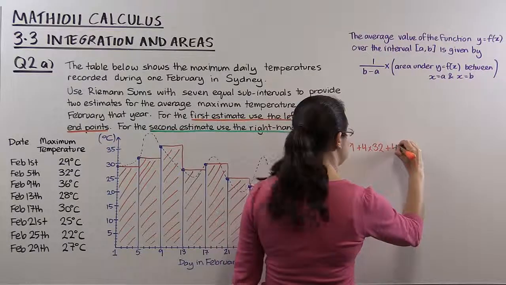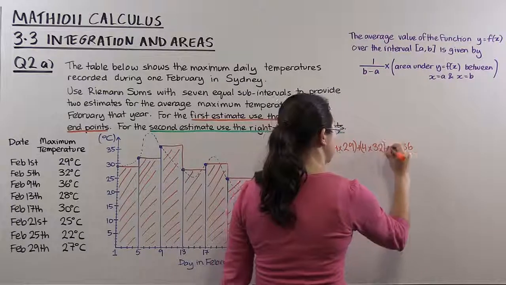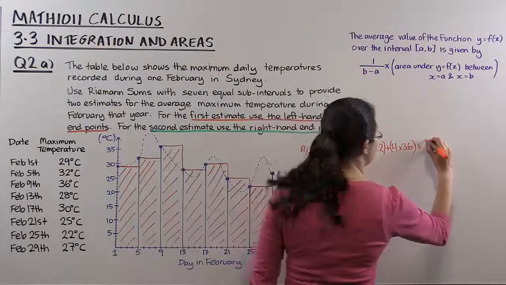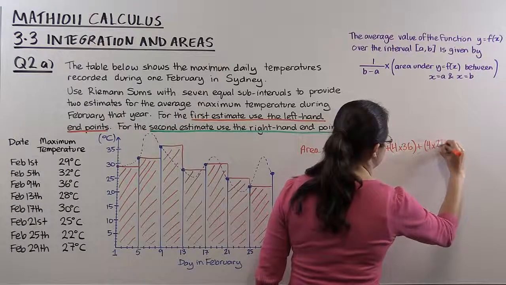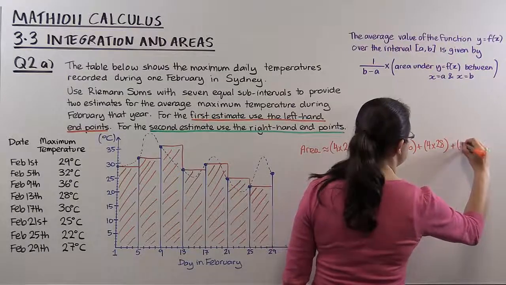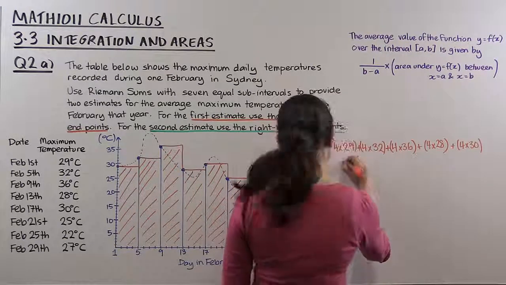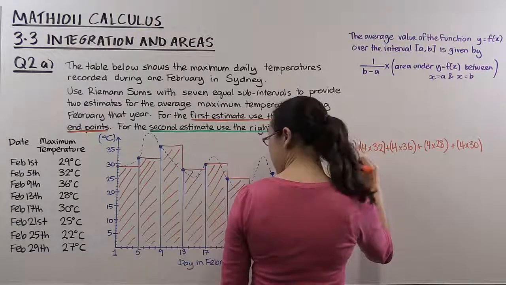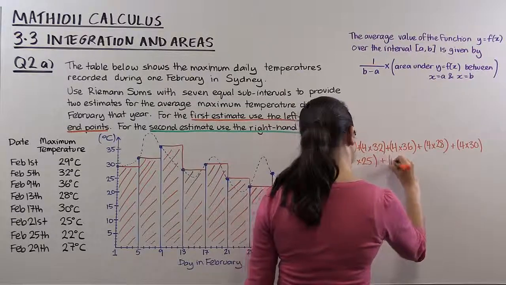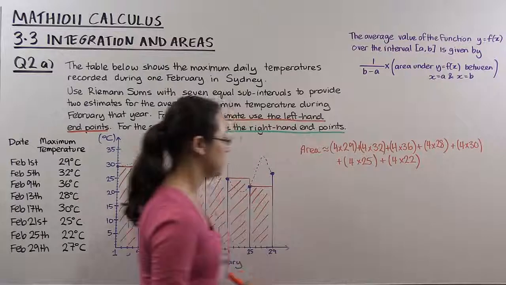4 times 36, I might just put these in brackets so you can see each of the 7 rectangles, 4 times 28 for the 4th rectangle, 4 times 30 for the 5th rectangle, 4 times 25 for the 6th rectangle, and 4 times 22 for the 7th rectangle.